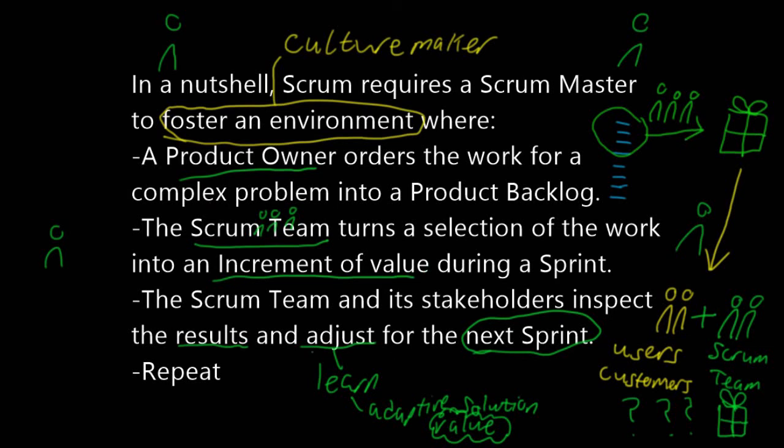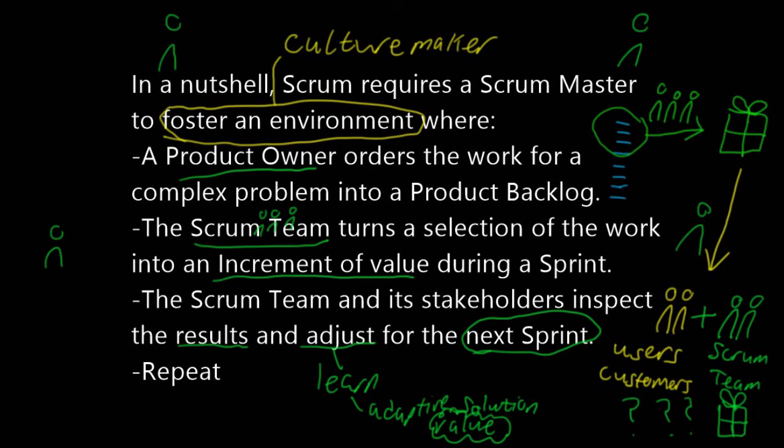And then of course we inspect those results not only with the Scrum team but also with our stakeholders. Crucial that we get our stakeholders involved in our Scrum so that we're not doing zombie Scrum, but we're doing true Scrum, and we have the heartbeat of true Scrum, and we're getting all the value we can of what we're doing by involving our stakeholders frequently.